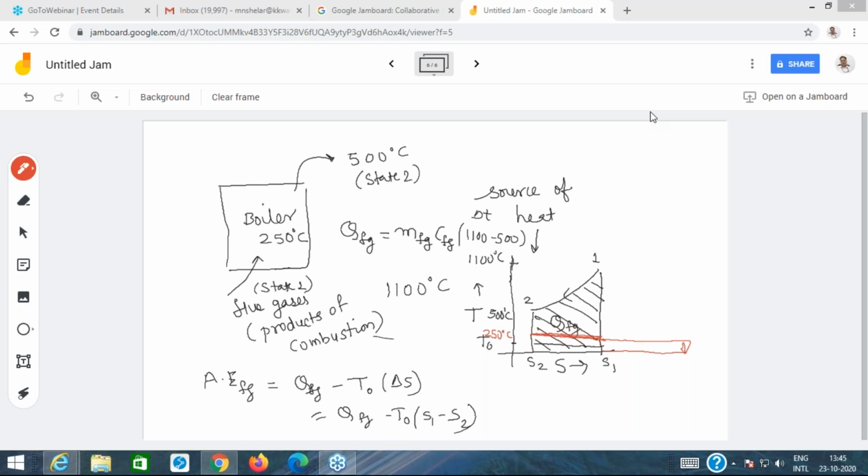So it is not the case of an infinite reservoir. It is a case of a finite reservoir, which is transferring heat and simultaneously experiencing a temperature drop. In such problems, how do you calculate the exergy? That would be an interesting discussion.